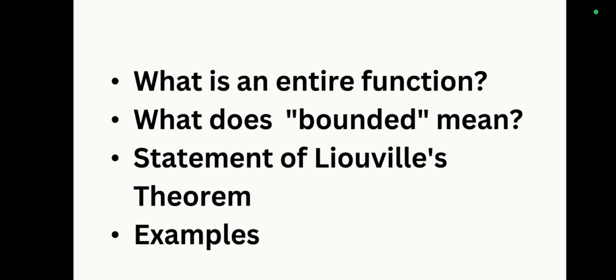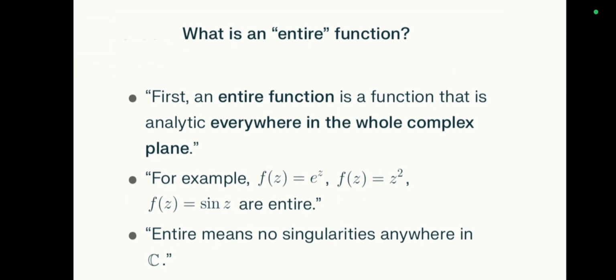What does bounded mean? So let's move on. So what does an entire function mean? Before we state the theorem, we need the word entire. A function, let's say a function f(z), is called entire if it is analytic everywhere in the whole complex plane.